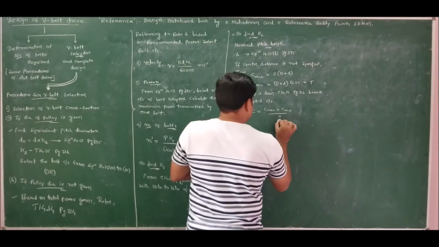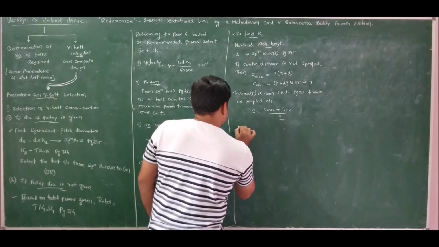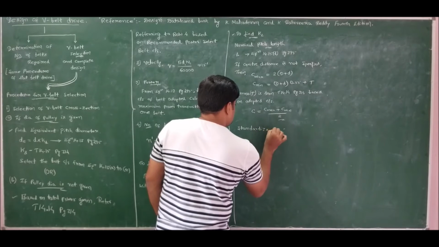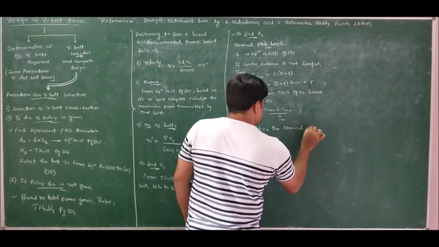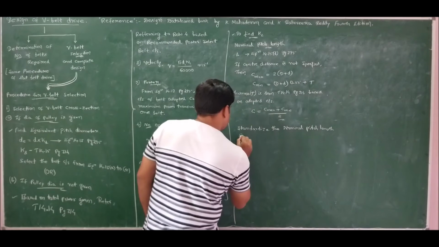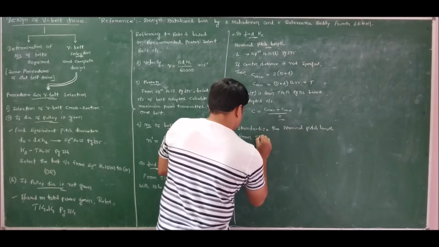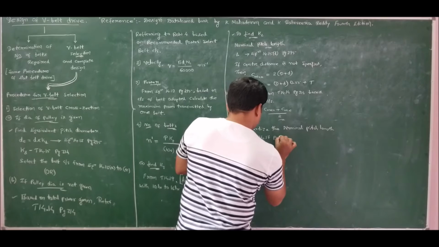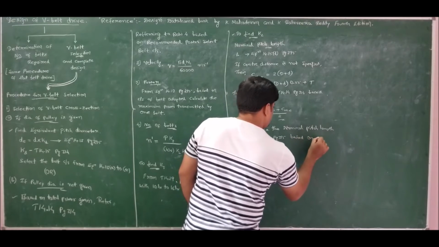Based on the center distance you have calculated the nominal pitch length. Once you calculate it, standardize the nominal pitch length from table 14.17, referring to page 315, based on adopted cross section.